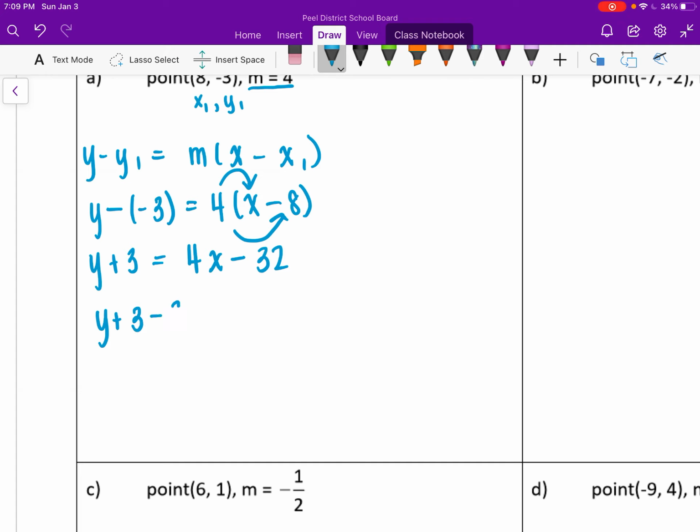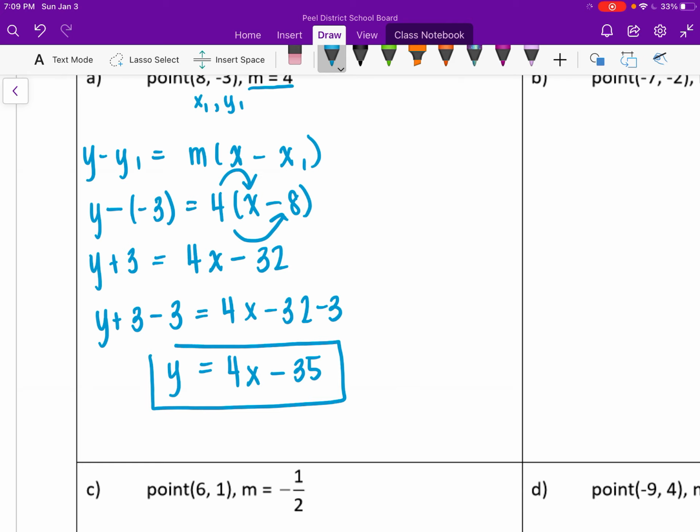I want to get rid of that 3, so I'm going to do -3. Right, -32, -33. 4x, just going to collect that like term, -35. y. And that is my equation of that line.